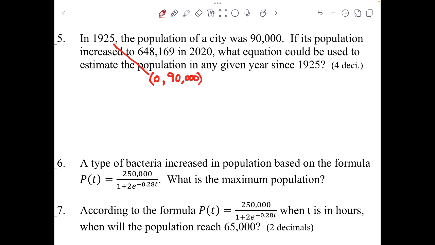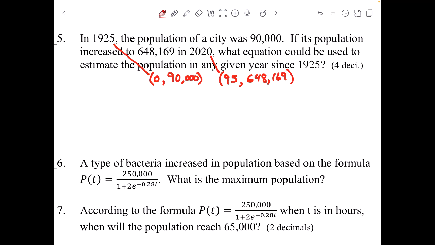My second bit of information is in 2020. Well, 2020 would be 95 years after 1925. So in 2020, we had a population of 648,169. Now I can use those 2 points. If I need to solve for my initial value, it was 90,000.